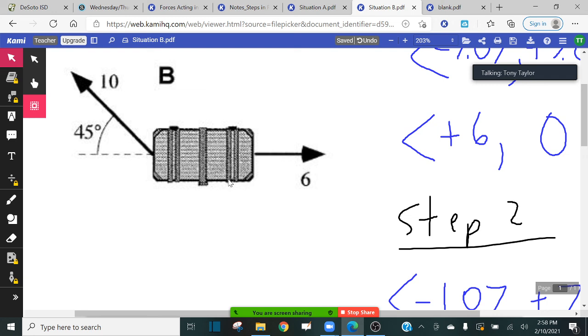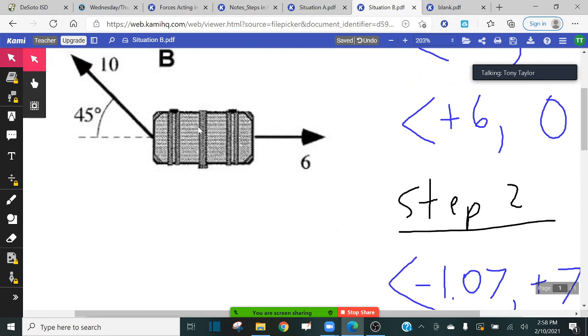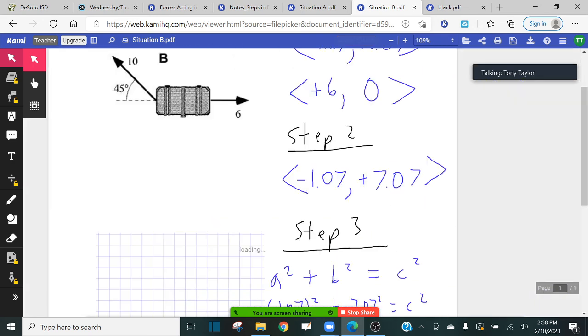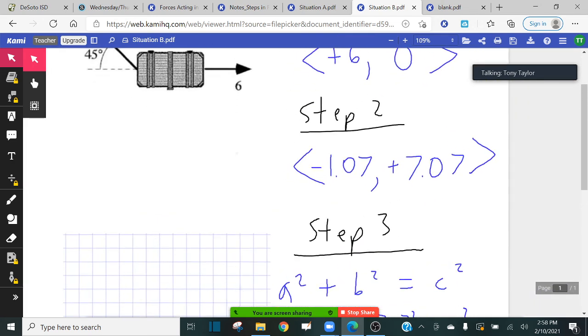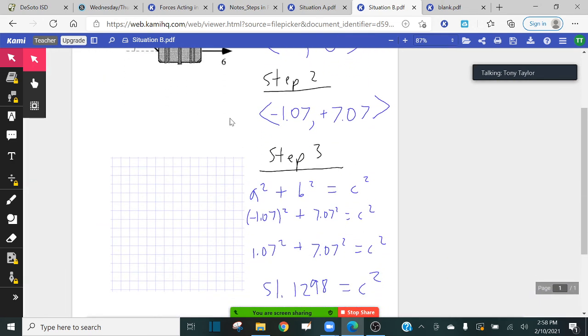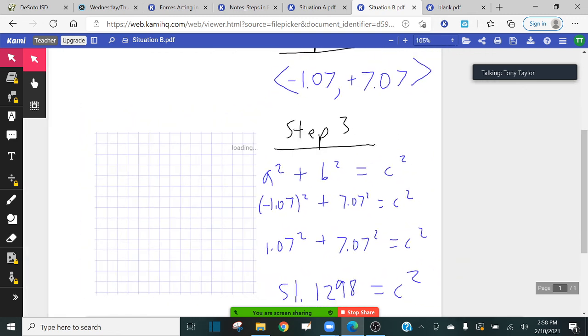Well, let's see. Remember, whenever we combine both these force vectors, we got a force vector pointed 1.07 units to the left and then 7.07 units up. So I'm going to draw that out right here.